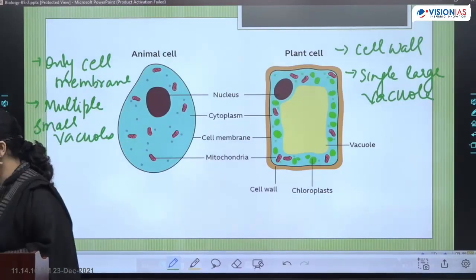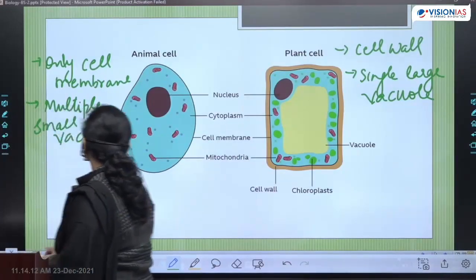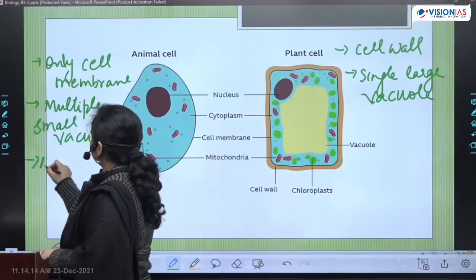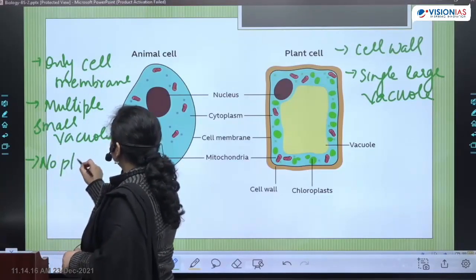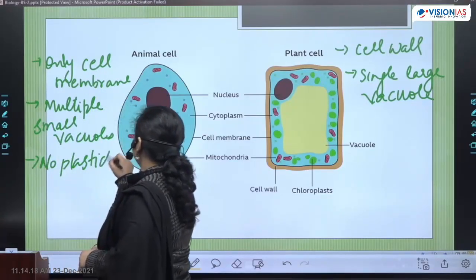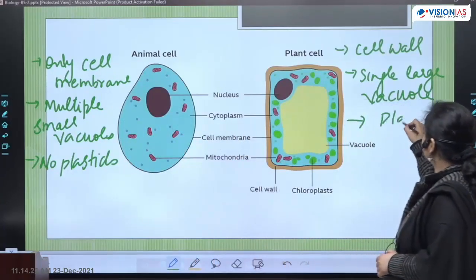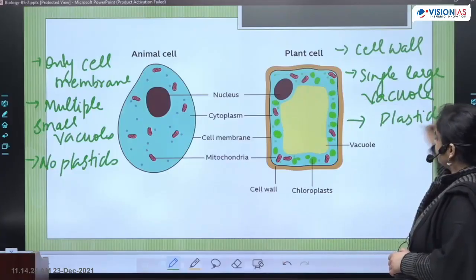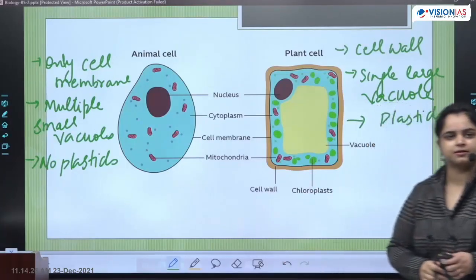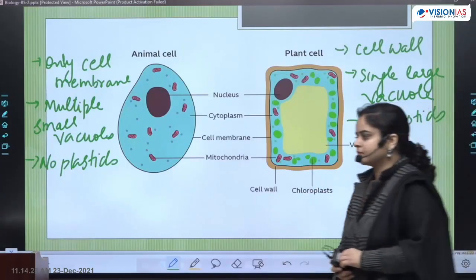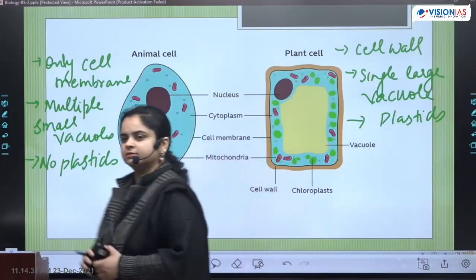Cell wall, vacuoles, and Vipin is saying plastids. So that can be the next point. Animal cell, no plastids. Plant cell, we have plastids. So they have shown a chloroplast here, green colored. What else?